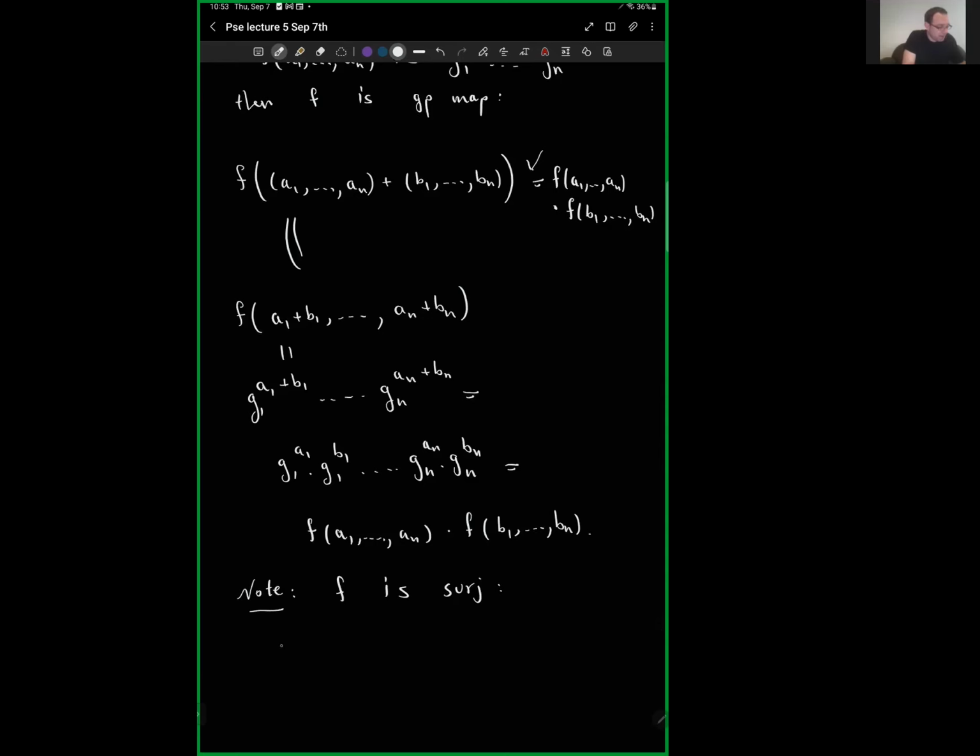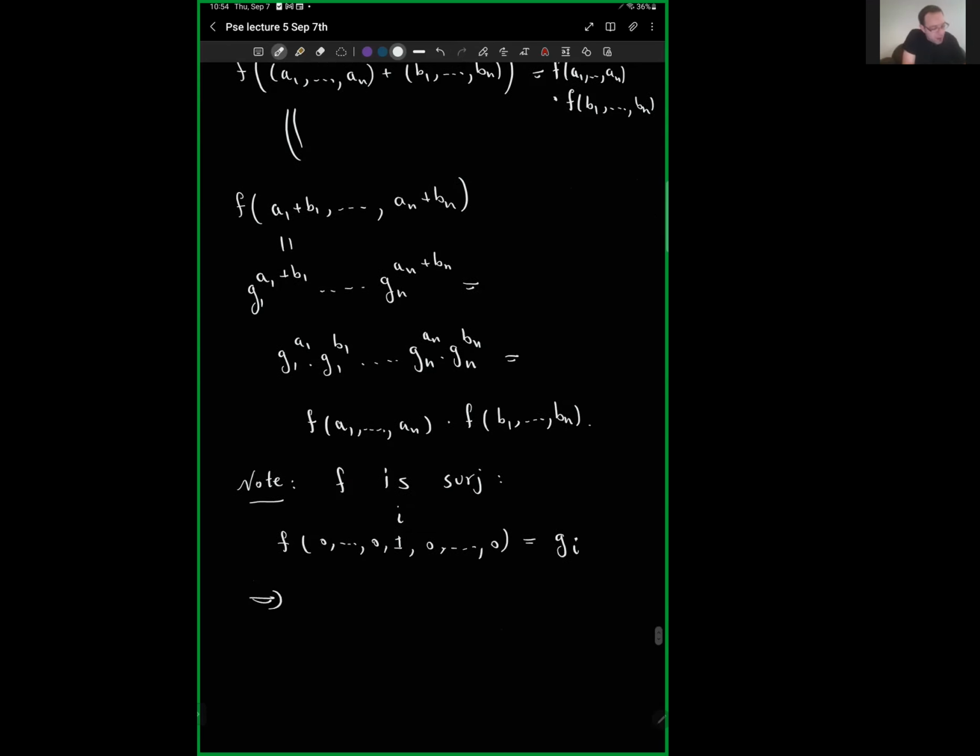So I take simply the sequence 0 and here 1, this is in the ith place. This is, of course, by the definition of F, going to be Gi, or Gi to the 1. So I have a source, and G1 up to Gn is the full enumeration of G. So F is surjective.